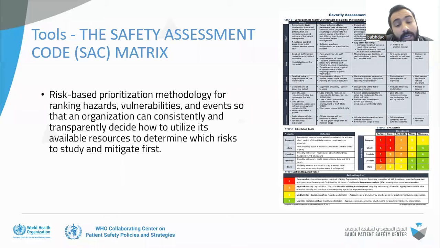Some healthcare organizations might decide that we should do an RCA for all sentinel events, and then they use some of the safety assessment code matrix to identify or choose other safety events that can be analyzed. This is a great idea because sometimes it's very difficult to analyze all of the safety events.